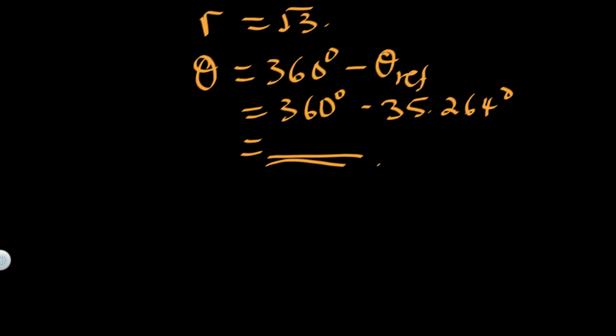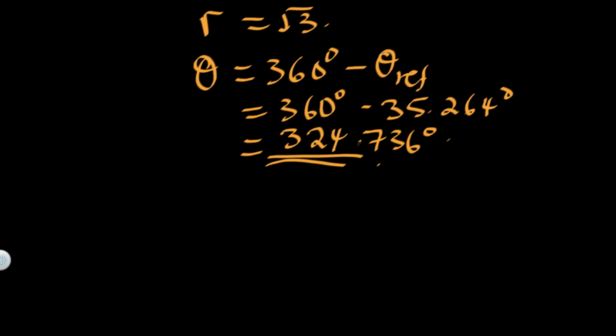Then we get our theta here. So 360 degrees minus 35.264, we get 324.736 degrees. This is our theta.